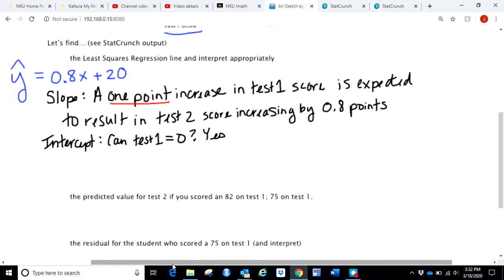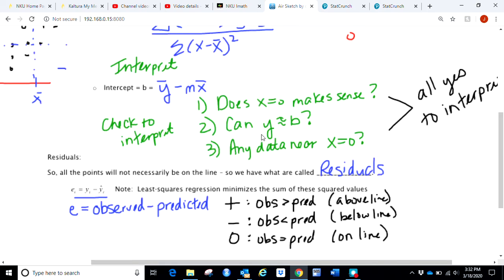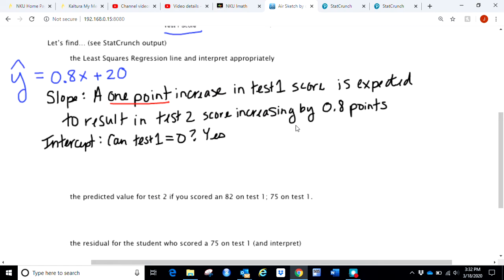My second question is, can y, here our test 2 score, be approximately equal to our b, or our intercept? So can test 2 be close to our intercept, which is 20? Could you get a test 2 score of around 20? Yes, we can.